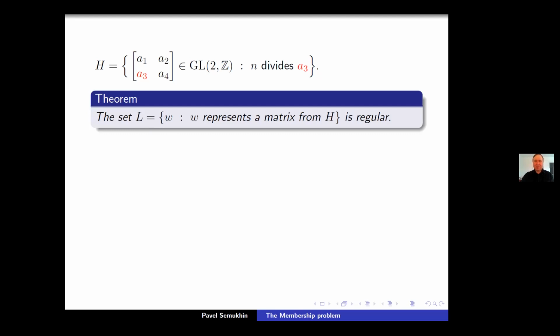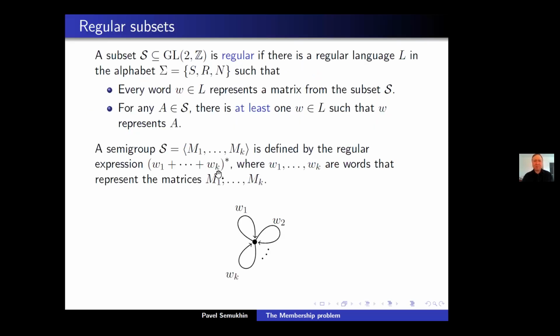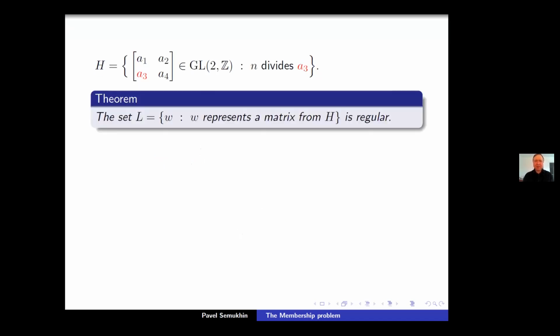For example, in the previous example of the semigroup, if we take all words W which represent matrices from the semigroup, then such a set will not be a regular set. It only will be a context-free set. But for this special group H, we have a stronger property. And in the literature, you sometimes find that such sets are called recognizable sets.